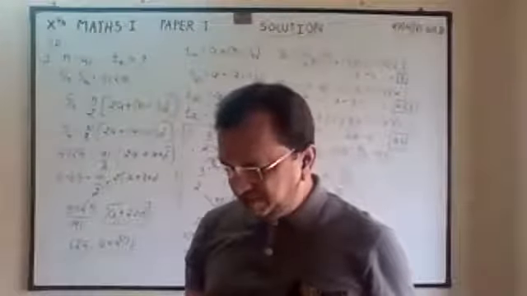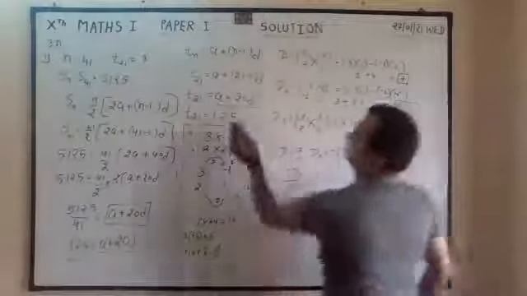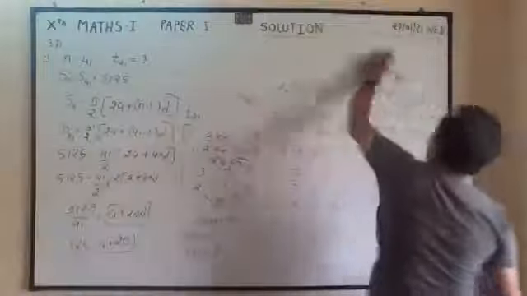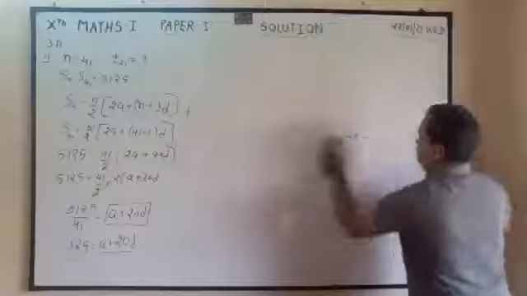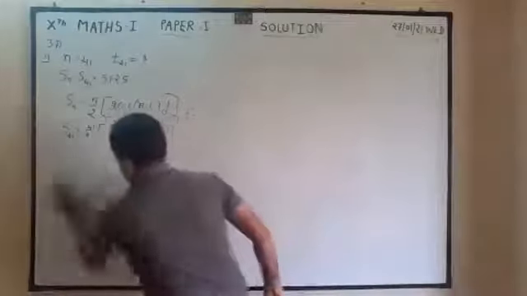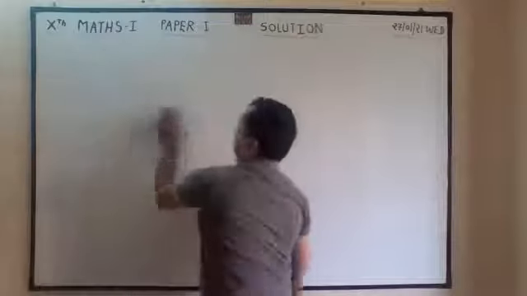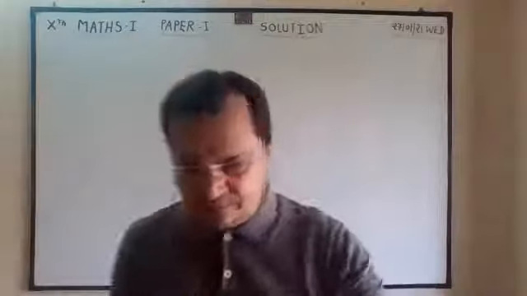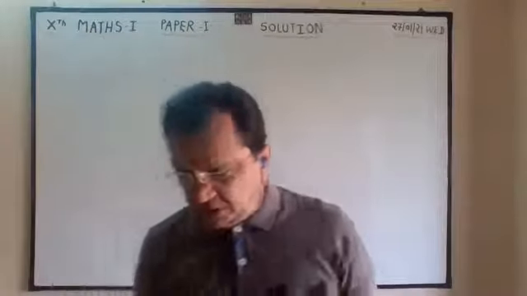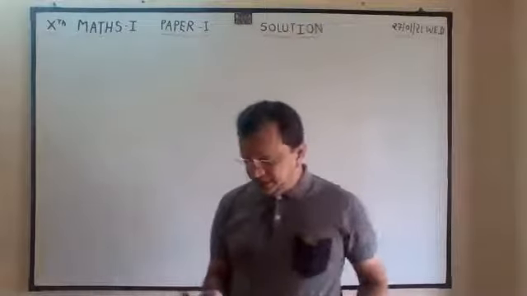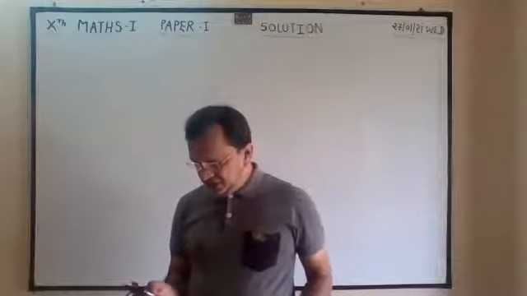Now question number 3B. In a factory, the ratio of salary of skilled and unskilled worker is 5:3.